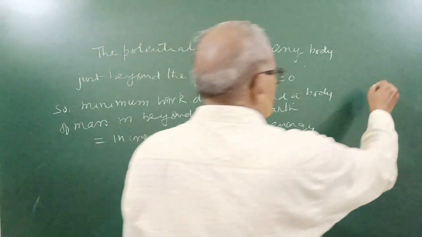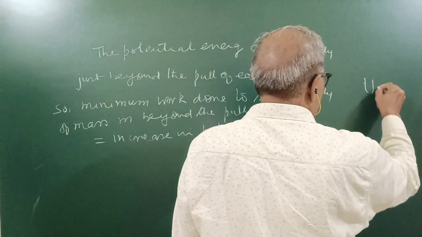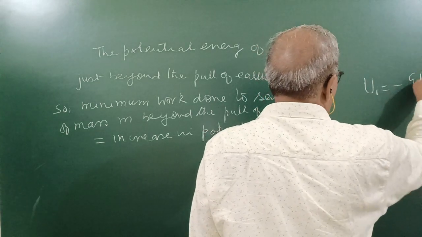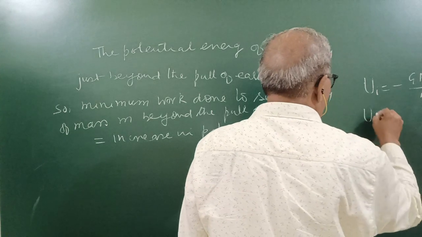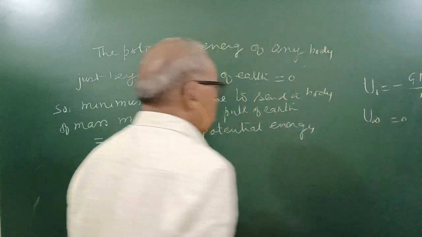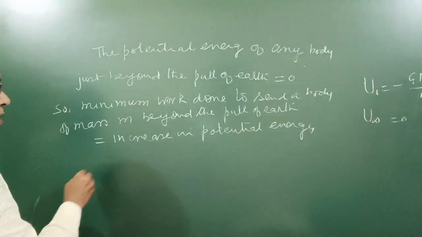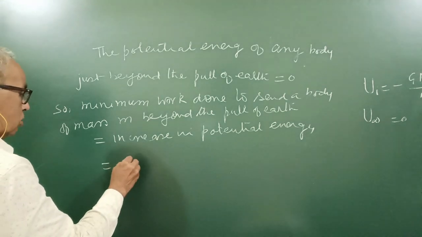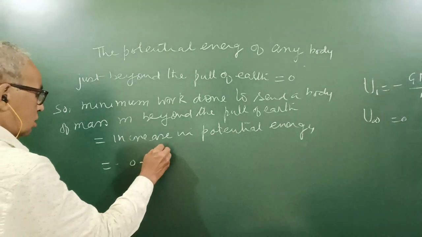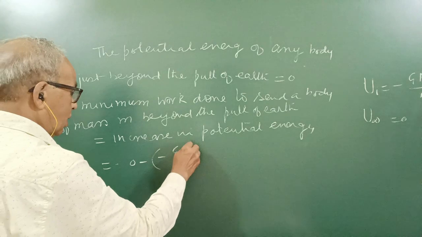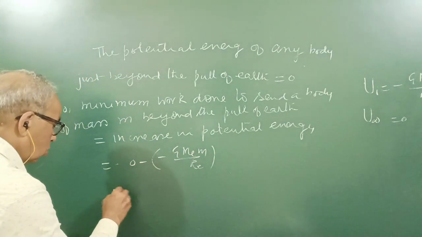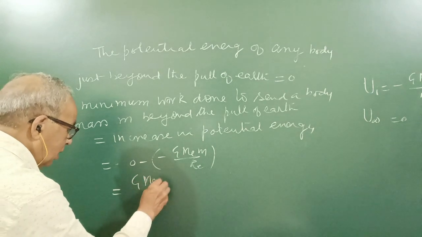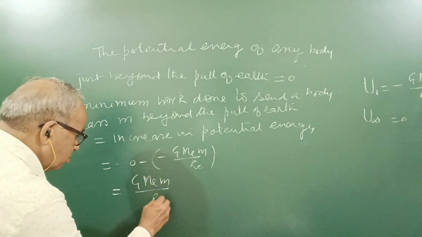Initial U on the surface was minus G Me m upon Re, and U at infinity was 0. So it will be zero minus, minus G Me m upon Re, which is equal to G Me m upon Re.